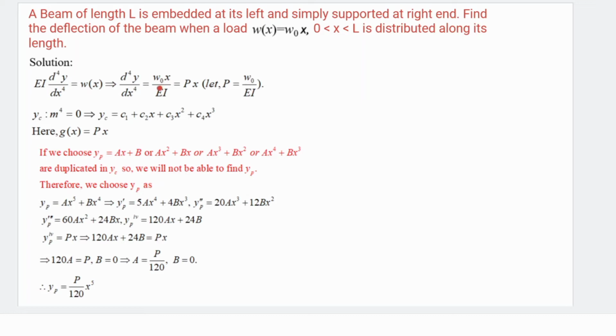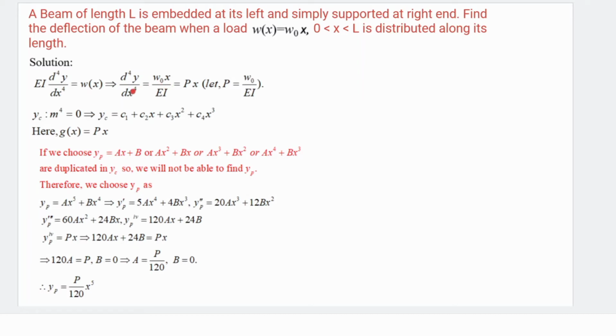Here w naught and EI are constants, so we consider w naught by EI equal to P for our calculation. Then it will be easy for us. So say P equals w naught by EI.